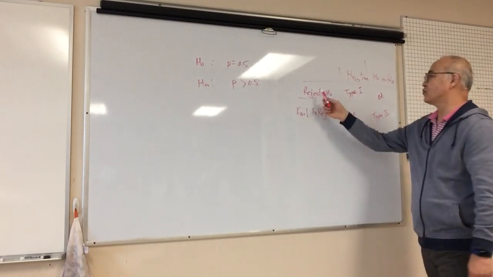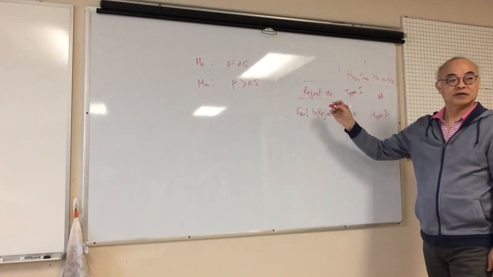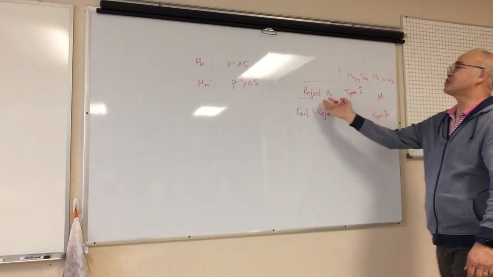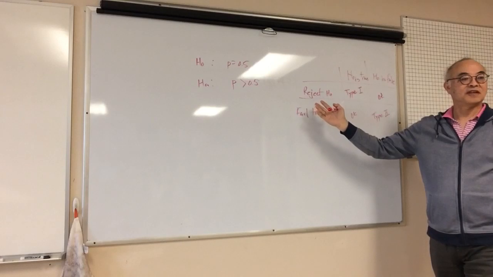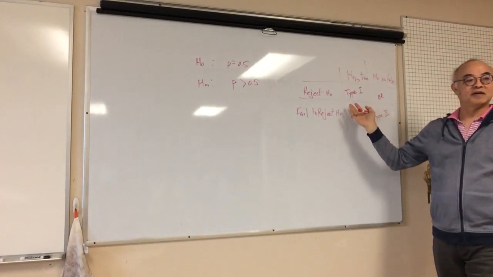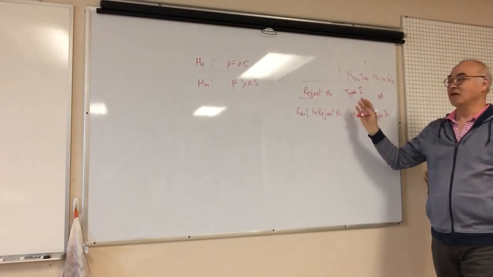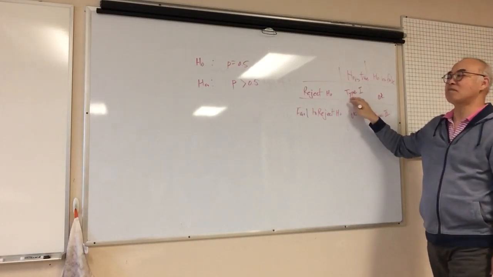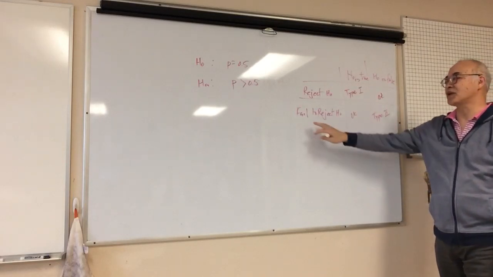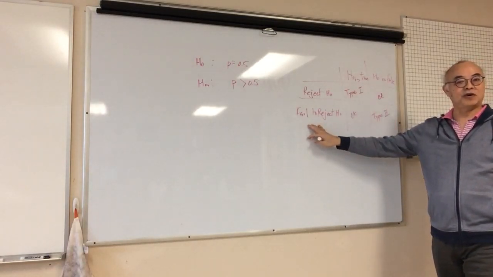I want to reject H0. Are we good? If I reject H0, I can only have a type 1 error. A type 1 error only happens when I reject H0, whereas a type 2 error only happens when I fail to reject H0.